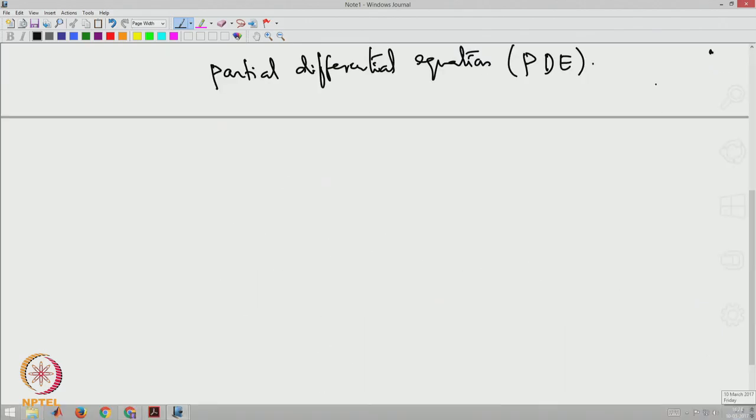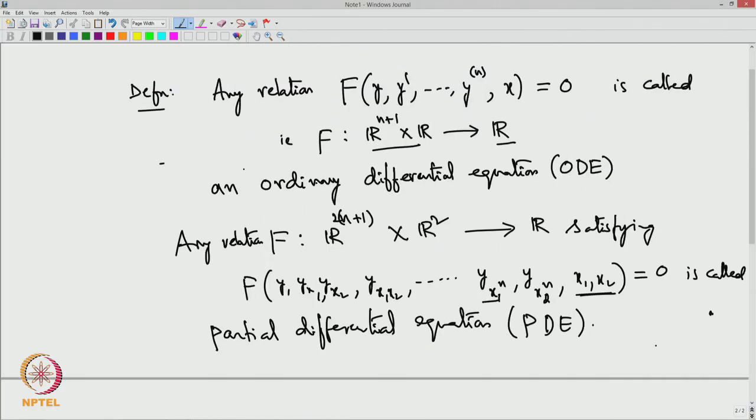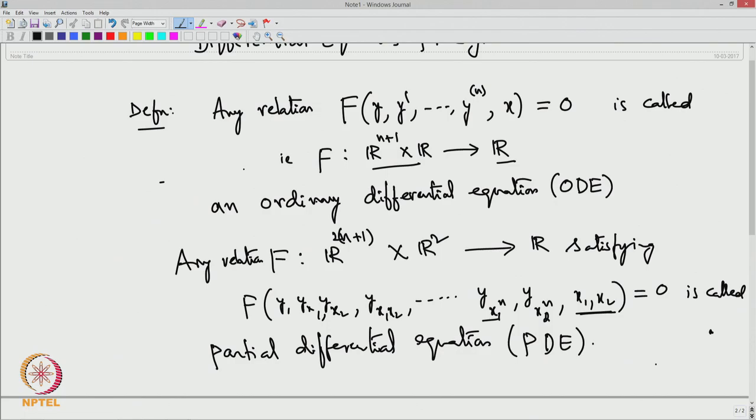So, when do you say a differential equation is linear? A differential equation is linear if f is linear in y, y dash and all nth derivatives.